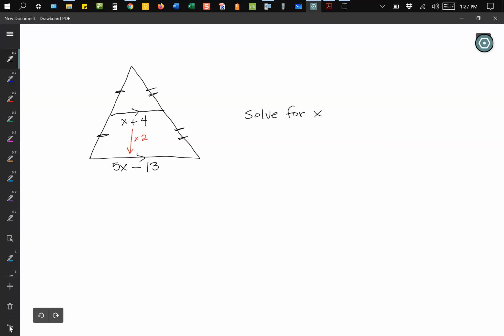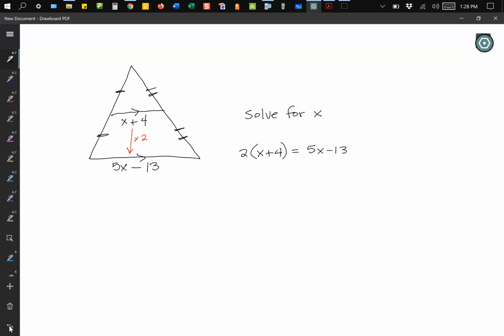So we want to put that in an equation form. If we take 2 and multiply it by x plus 4, that should equal this other side, 5x minus 13. And by the way, I have no idea if I'm going to get something nice here. I made this up off the top of my head. It probably won't come out very well.